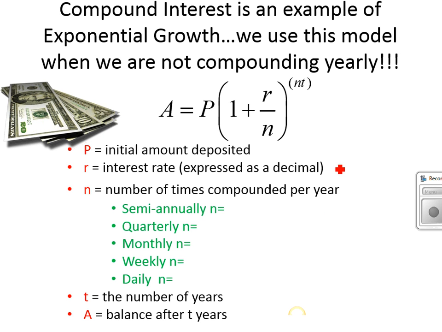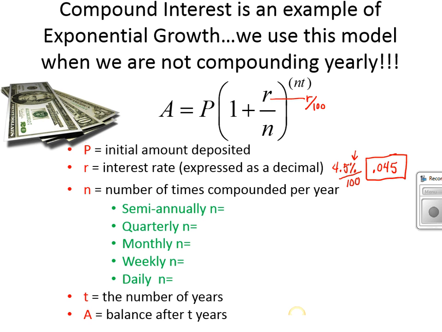So if I have 4.5% interest, yes, that's a decimal and a percent. But interest rate expressed as a decimal, we would take our rate, if we have a percent, and we divide it by 100, so it'd be 0.045. Okay, so just remember the rate is always divided by 100.